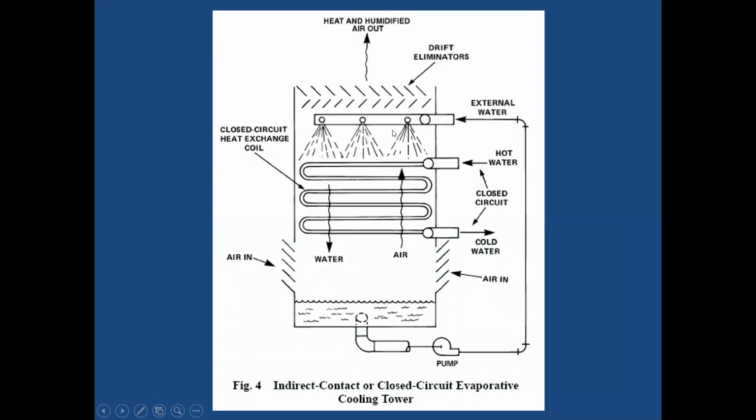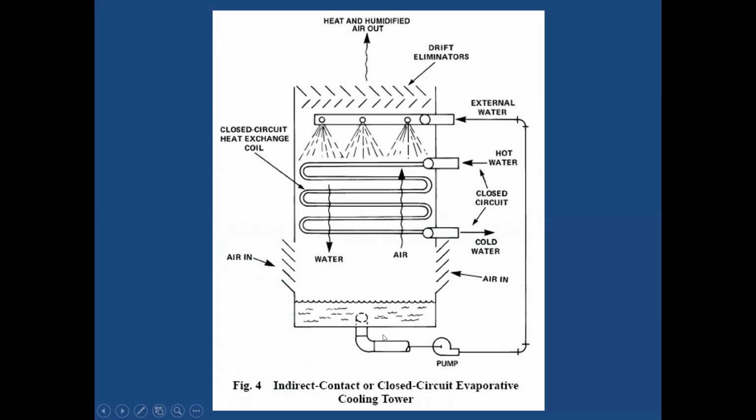The water is sprinkled over this coil, and at the same time, air is also moving in the upward direction with the help of a blower. So the sprinkled water cools the hot process fluid, and the air cools the water. Simultaneously, water absorbs heat from the process fluid, and the water dissipates that heat to the air as well. At the same time, some water gets evaporated on the surface.